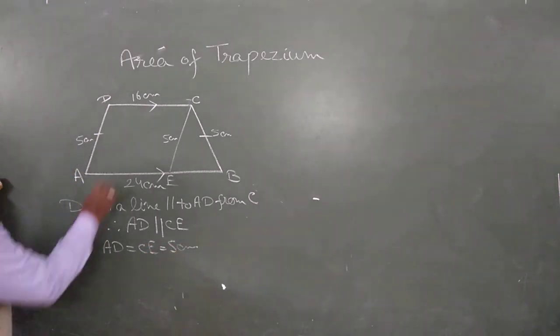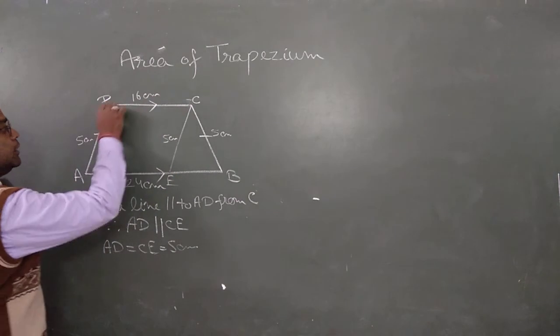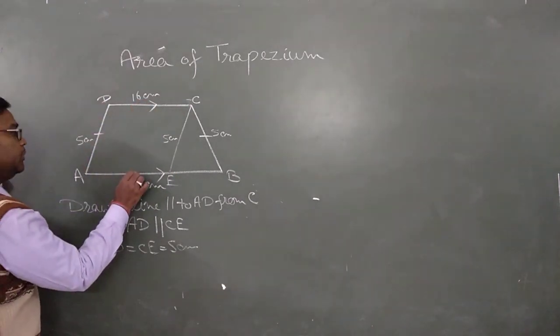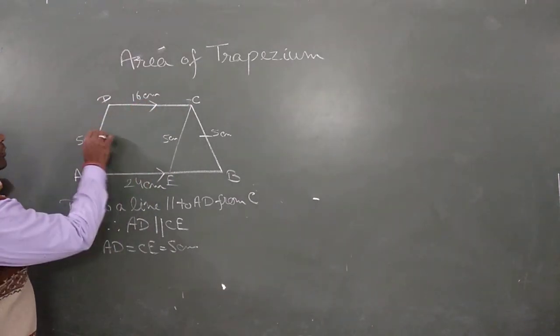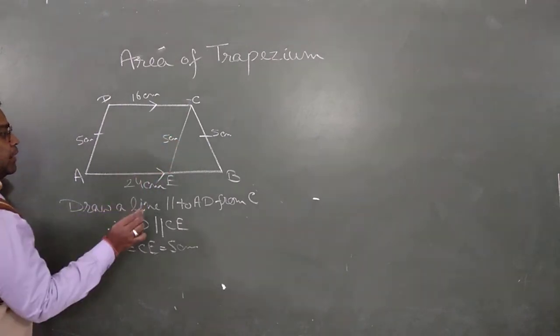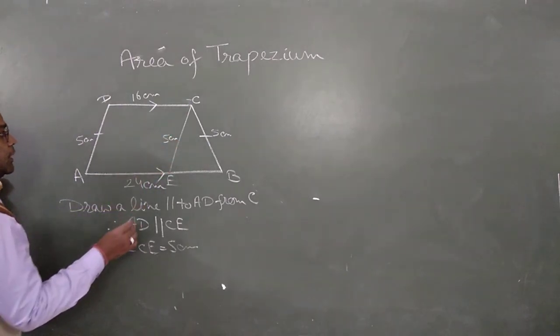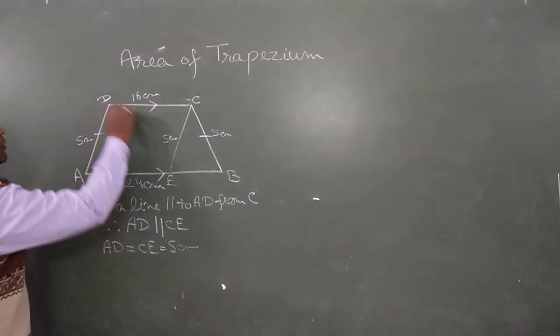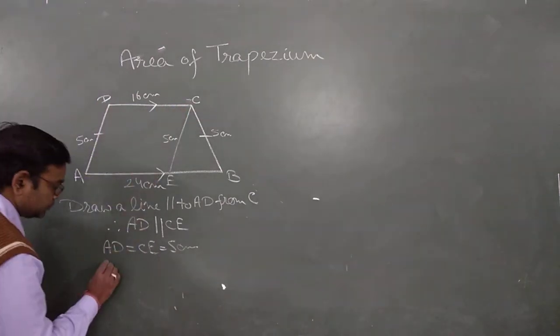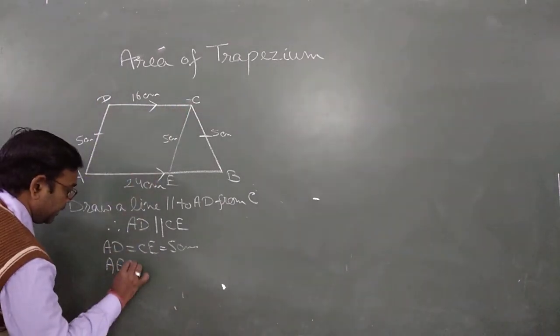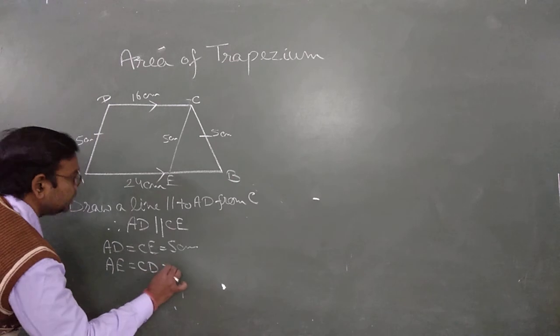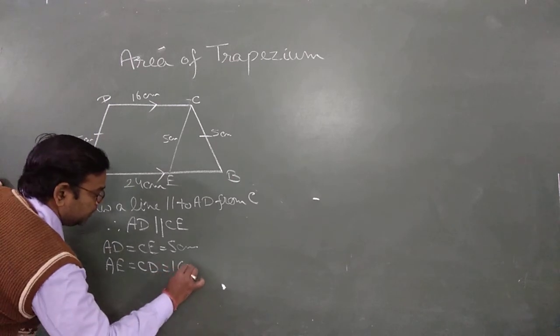In this case in AECD, these two sides are already parallel and these two sides are parallel, so this is a parallelogram. So from this we can say that AE equals CD, AE equals CD equals 16 centimeter.